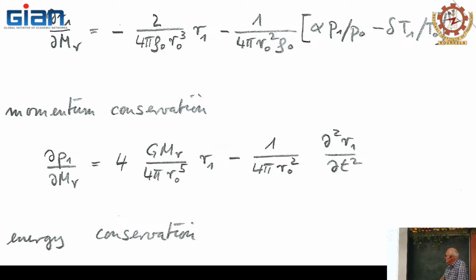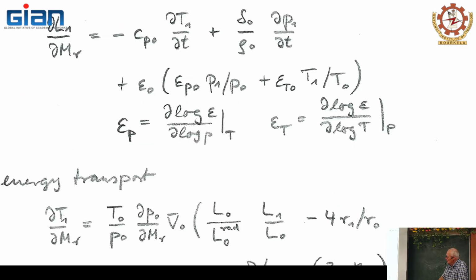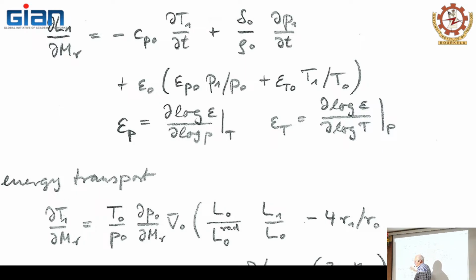Okay, energy conservation will be the next equation which needs to be linearized. Okay, this is the energy equation. In that case, we have to linearize the gradient of the luminosity. You recover the original equations here, and because the derivatives are again first order quantities, you have to take the derivative of the entropy which is behind these time derivatives, with coefficients which depend only on the stationary, on the hydrostatic model.